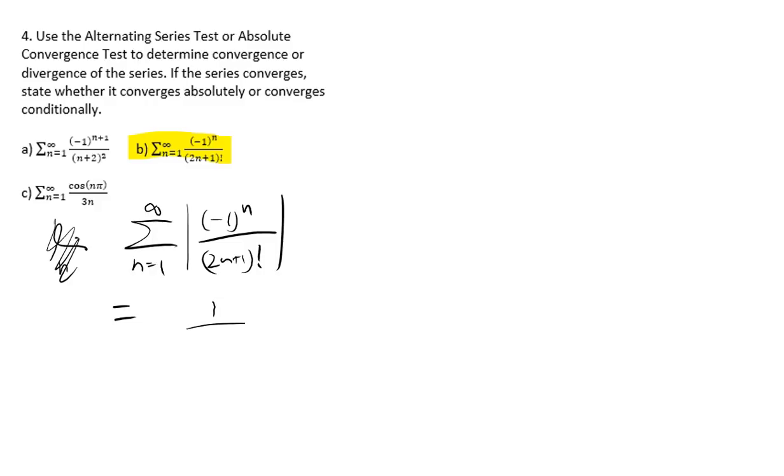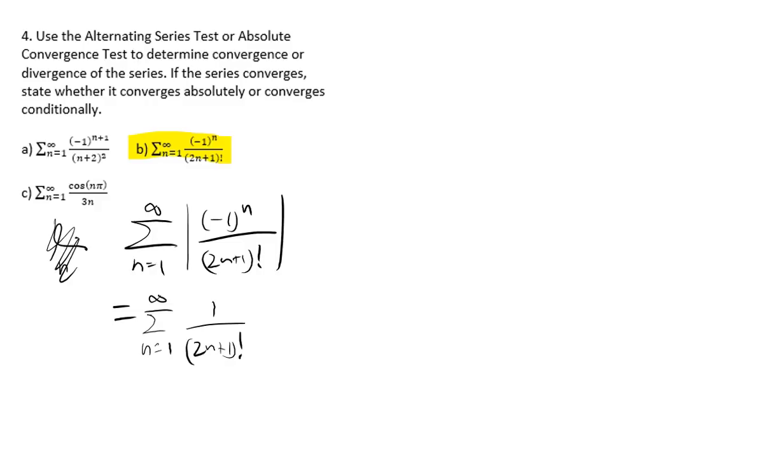It's just simply the sum of 1 over (2n plus 1) factorial, sigma n from 1 to infinity. Since it has a factorial, the ratio test would be the ideal way to do it.